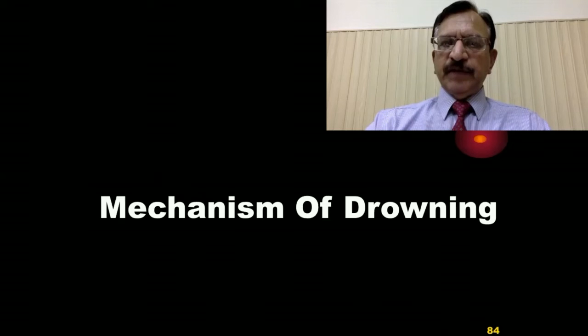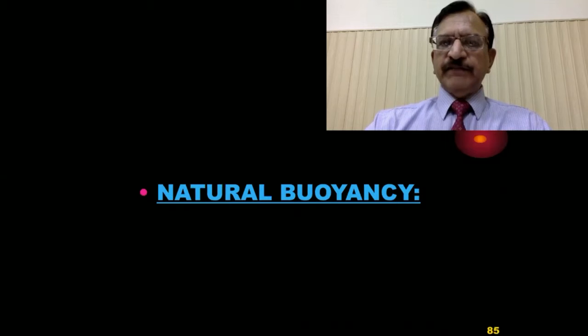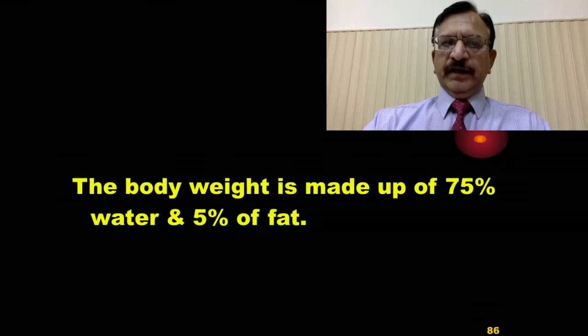Now I will discuss the mechanism of drowning. As we know, there is a natural buoyancy in our body in water; the body tends to float. This is because 75% of the body weight is water and 5% is fat. So 75 plus 5, that's 80% of the weight of the body is lighter than water, and there is a tendency to float.